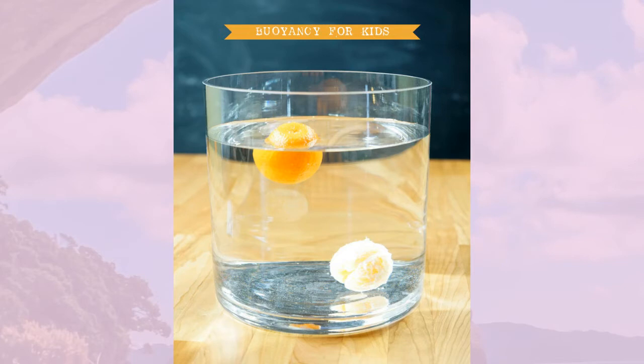The orange on the bottom has sunk. It does not have a peel, and it doesn't have any air trapped between the peel and the fruit. That is why it's sunk to the bottom, because there's no air allowing it to float.